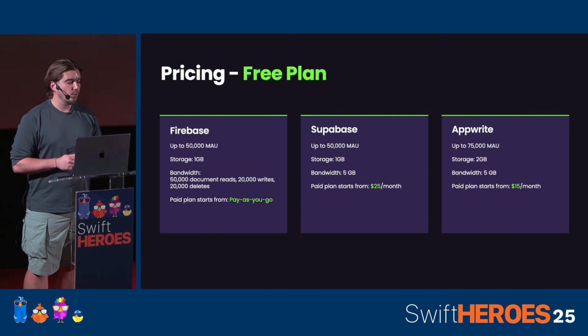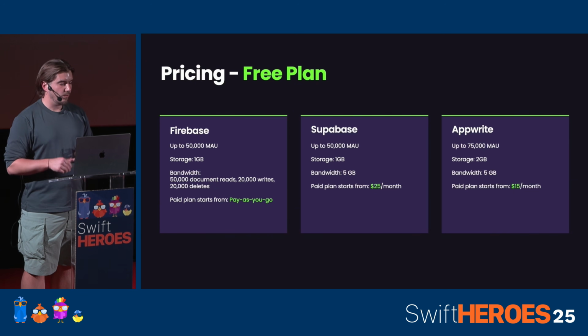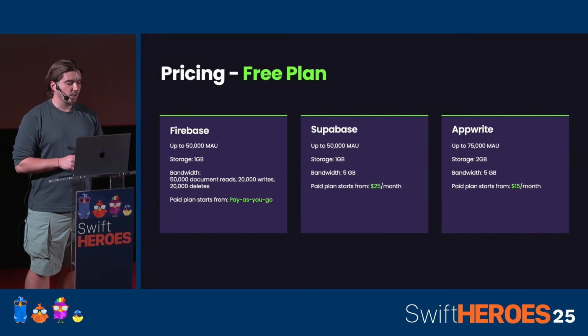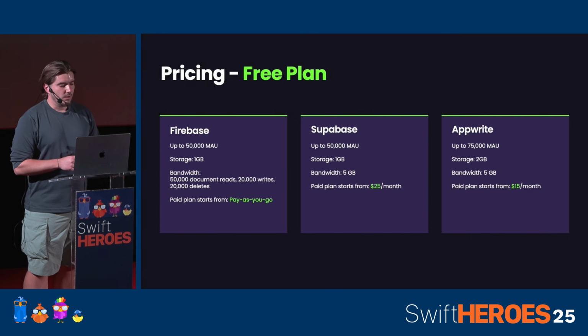And in Firebase, if we want to accept 100K monthly active users, we would pay around $400, which in Supabase would be not more than $25 a month, and in Appwrite it's $15 a month.